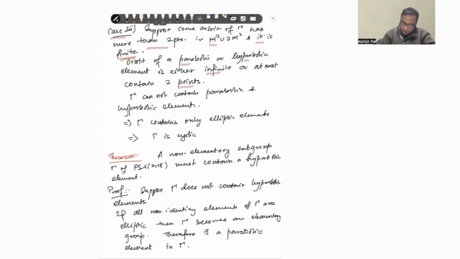So therefore, this gamma cannot contain parabolic or hyperbolic elements. So this implies that gamma contains only elliptic elements. So this will imply that this gamma is cyclic.